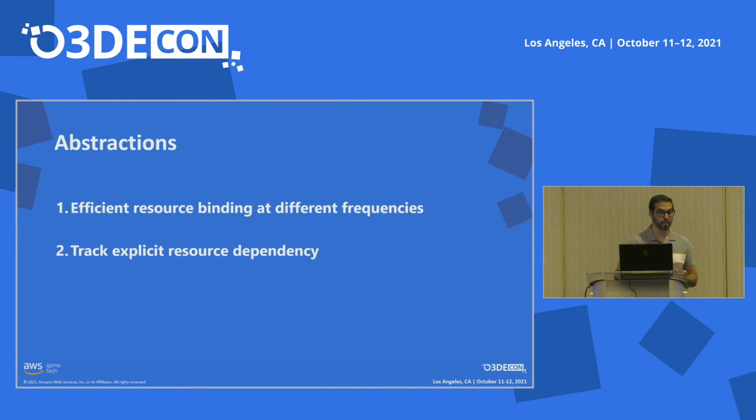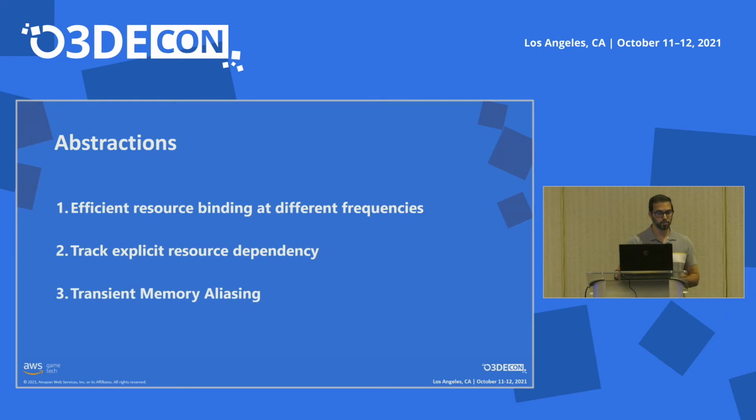How do you track explicit resource dependencies? Essentially, you don't want one pass to start before the other pass finishes. You also want to make sure that resources are compressed or decompressed accordingly before they are actually needed. So you need to tell the GPU when to do what, like when to execute.